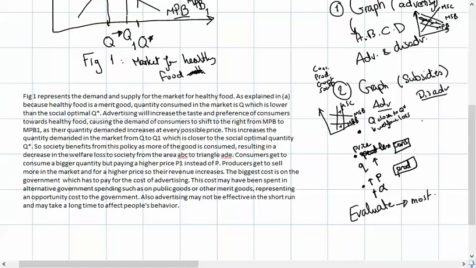And the cost of the subsidy is again on the government. The main disadvantage of a subsidy is that it may be hard to sustain over the long run. So it may be limited to the short run and may not be as efficient to sustain over the long run.